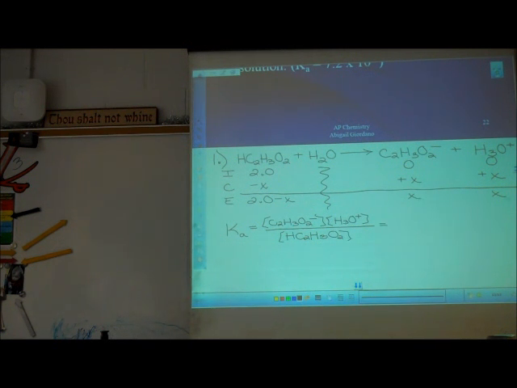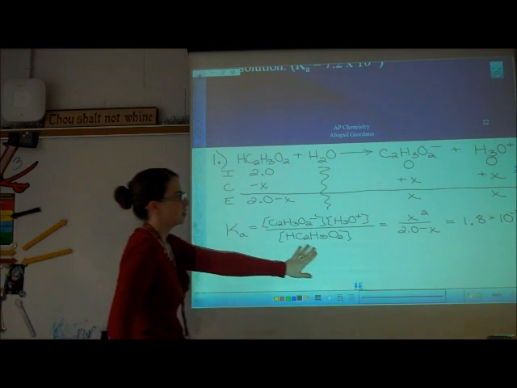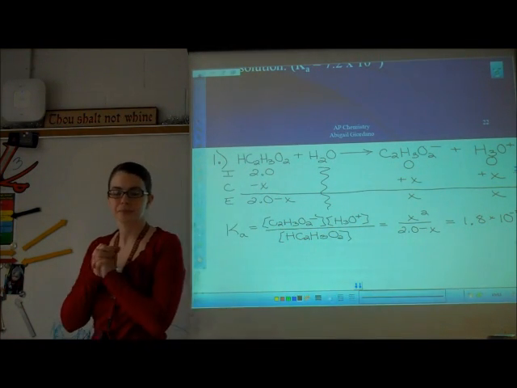Now let's plug in these values on the equilibrium line. x times x, x squared, over the reactant concentration, and we were given a value for Ka. In chapter 13, just like we're going to do here, the goal is to solve for x.